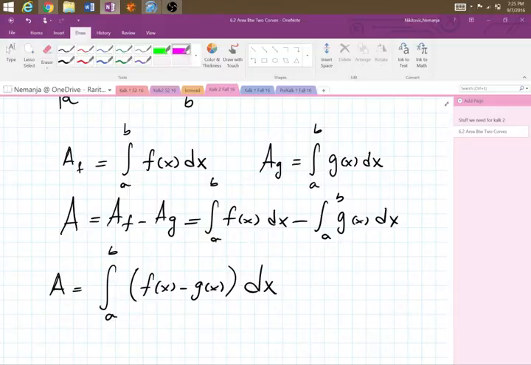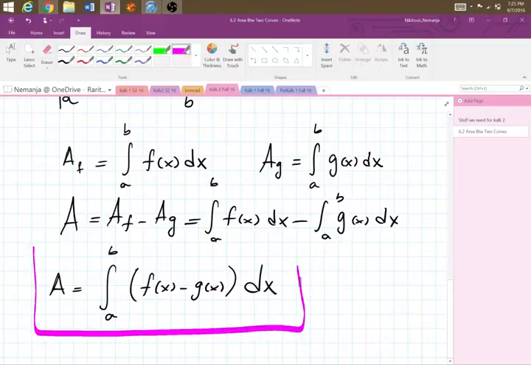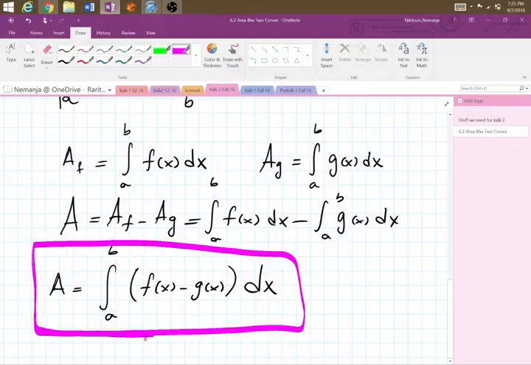This formula is your first formula for Calc 2 that you are remembering, and this formula is the formula that computes the area between two curves.